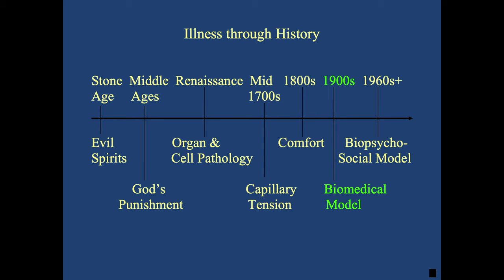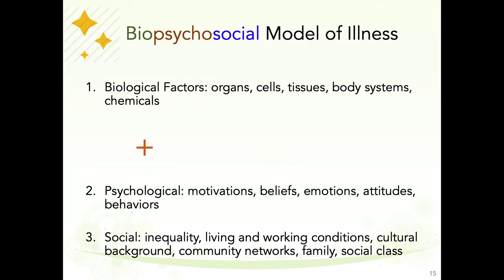So we talked about the biomedical model and its tremendous advances. But now let's talk about the most recent stage in health psychology. What's going on now is called the Biopsychosocial Model of illness. And it takes these biological factors and processes, respiration, circulation, cells, etc., and it adds to them the layers of psychology and social experience.